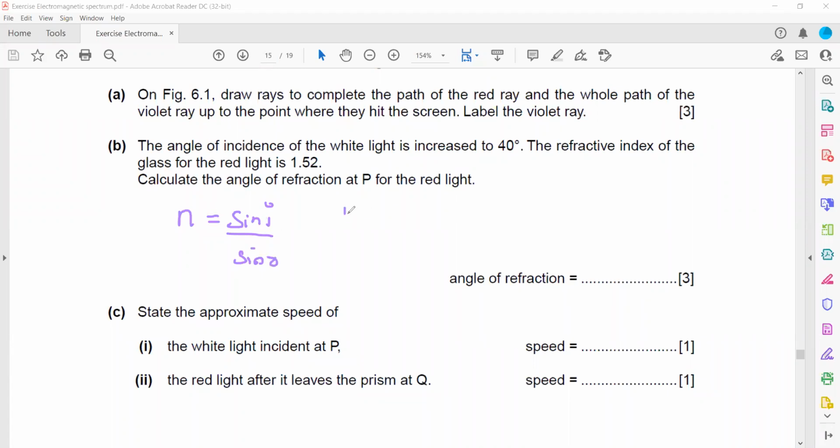So refractive index is 1.52, angle of incidence is 40, and angle of refraction we don't know. So sin r is equals to sin 40 divided by 1.52. So we have to find the value for sin 40.